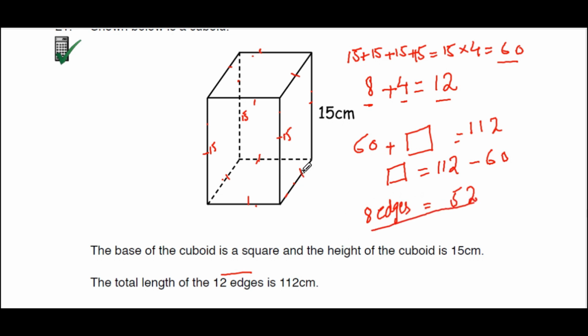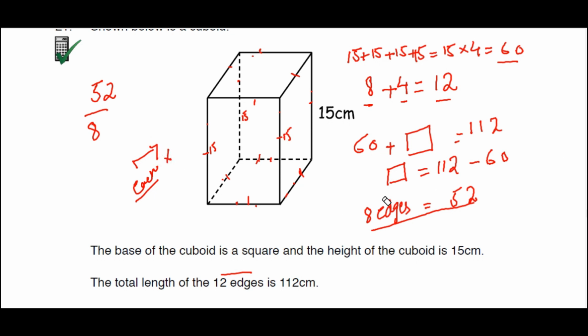So how can I find the length of one edge? For that, what do we have to do, please tell me. Yes, we need to divide it by 8, because we need to find the length of each edge. When you need to go into each, you divide. When you are given each, you need to go into more, you multiply.